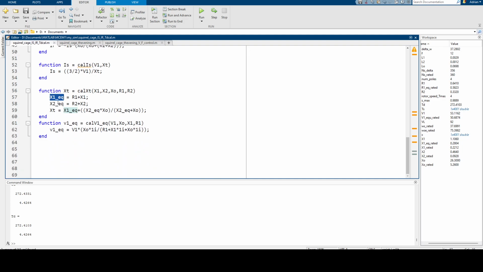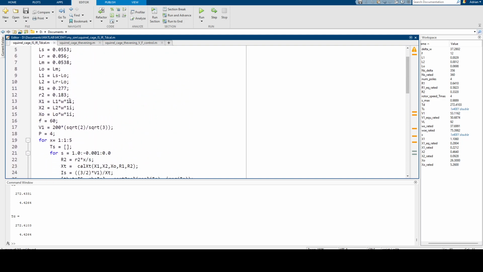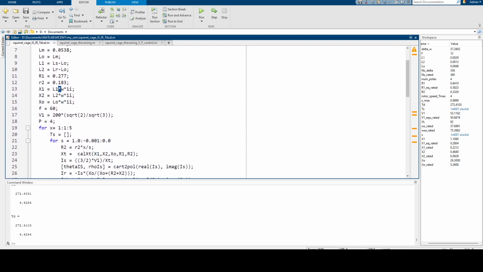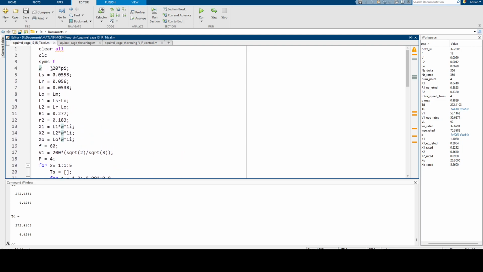So here are the reluctance and the equations that I said I was going to put. R1 plus S1 is one equivalent, X2, R2 plus S2 is the other equivalent. And like this we can find our total impedance. And to find X1 we multiply by omega. And we know that omega is 120 pi.